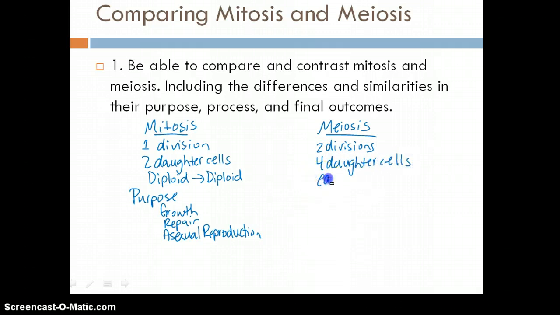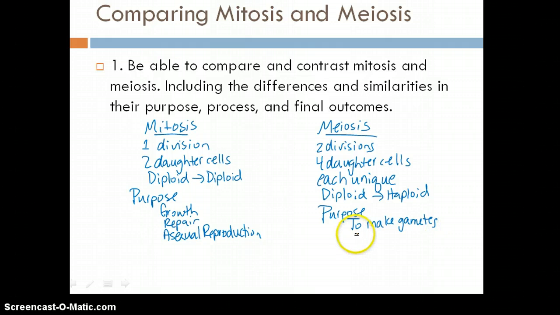They are each unique. They are not an exact copy. They are diploid to haploid. And the purpose is to make gametes and for genetic variation or unique individuals.